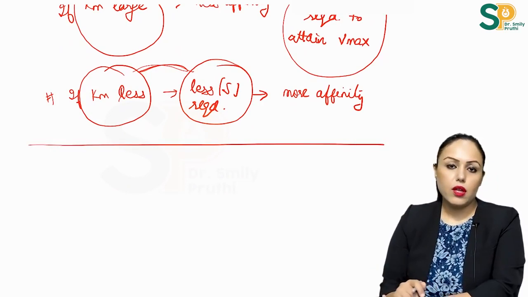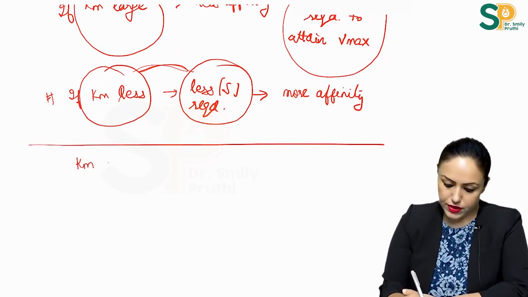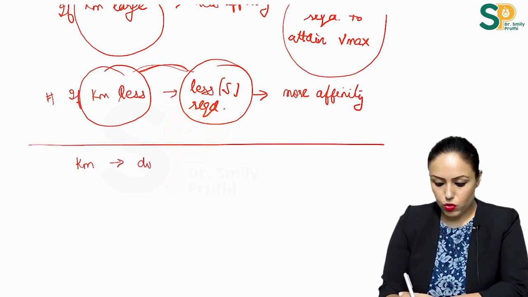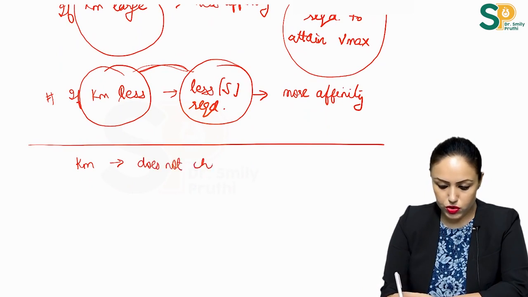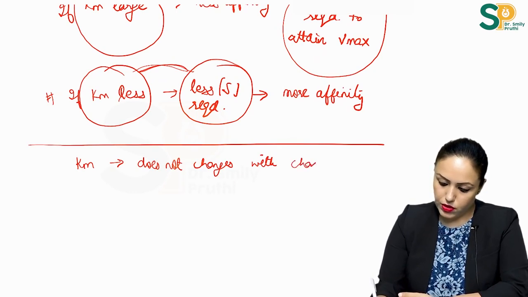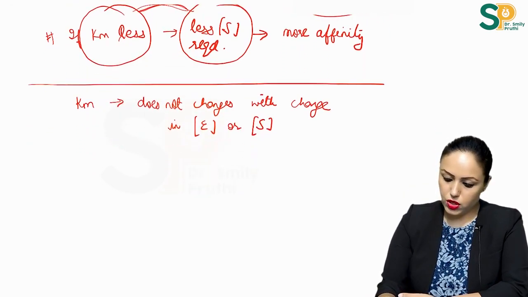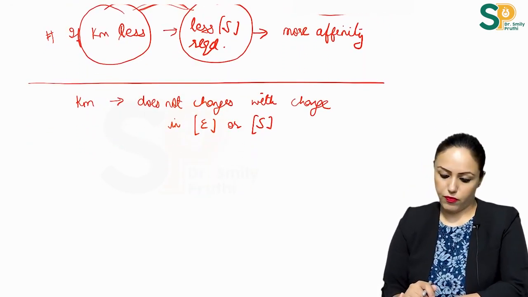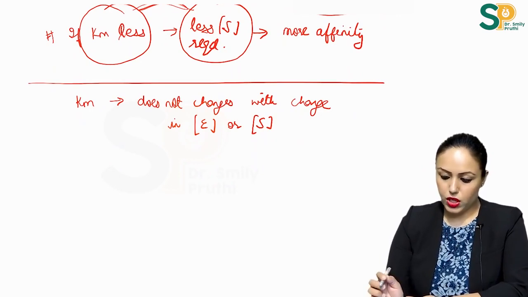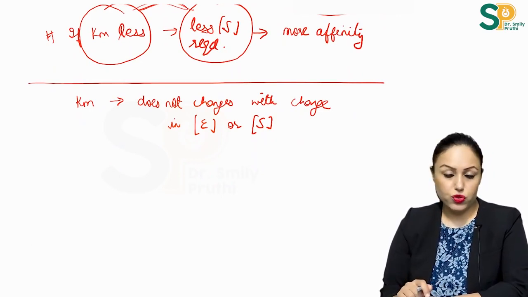Now, one more thing, Km, as it's a constant value, does not change with change in enzyme concentration or change in substrate concentration. Km will not change with change in enzyme or substrate concentration.